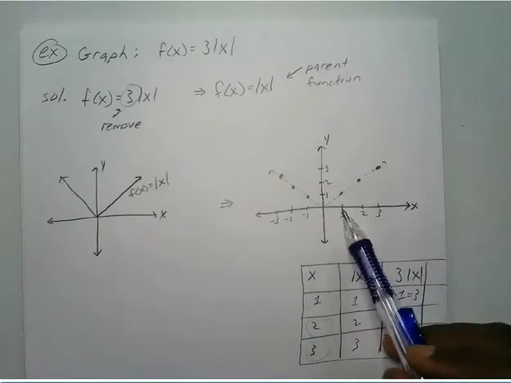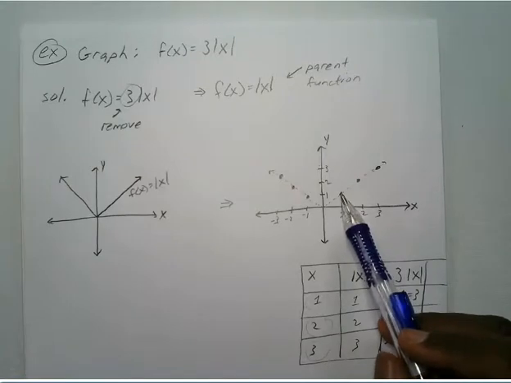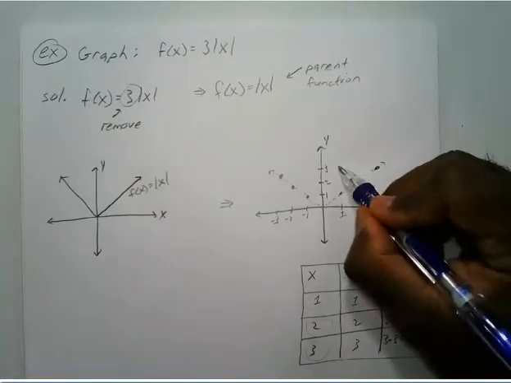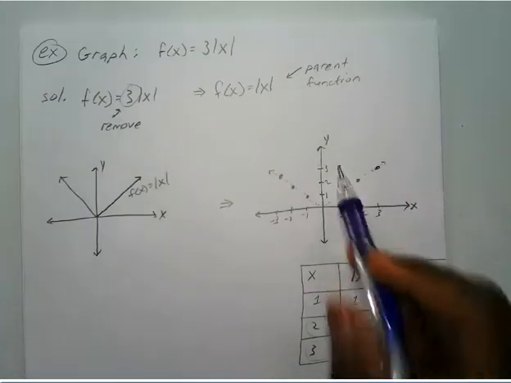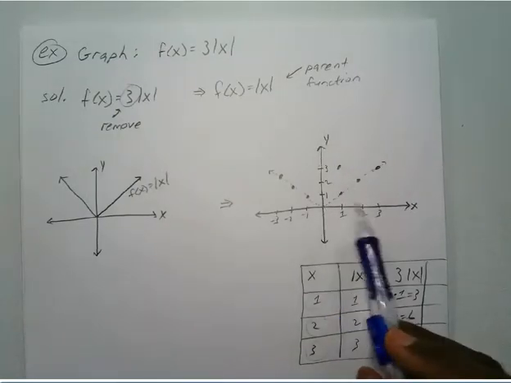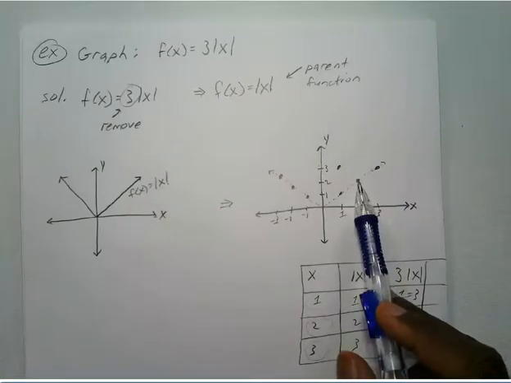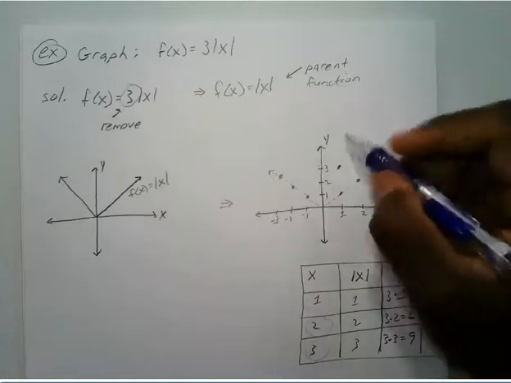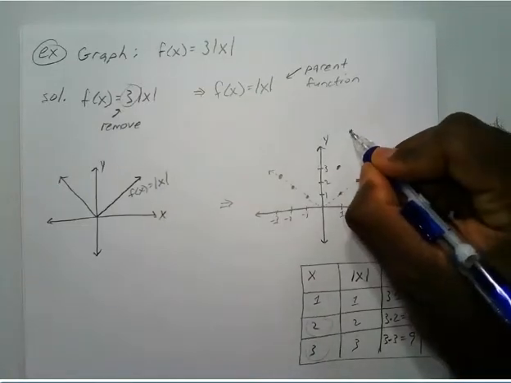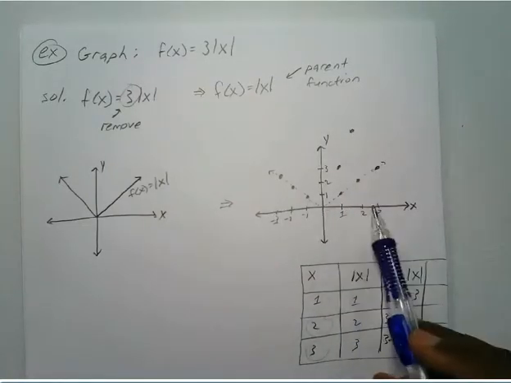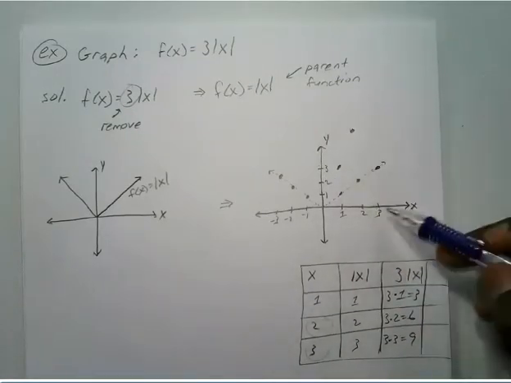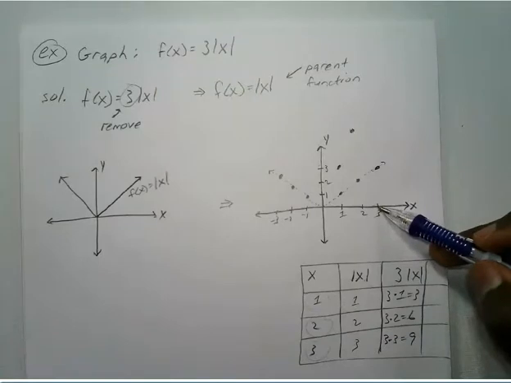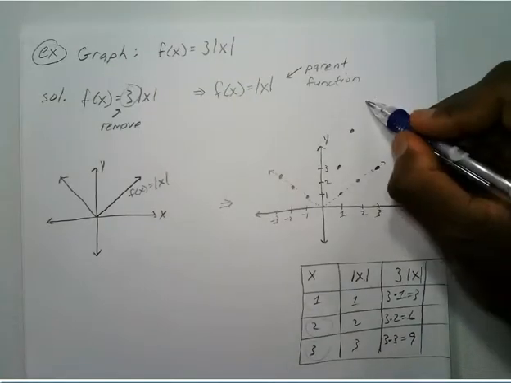If we have x is equal to 1, we get 1. Now we multiply that by 3. That point now moves up. Same thing here. We have absolute value of 2 gives us y equals 2. We multiply that by 3. That moves up to 6. Same thing here. So we're not going to move it all the way up to 9, but you kind of get the idea that if you multiply absolute value of 3 to get 3, that now becomes 9.